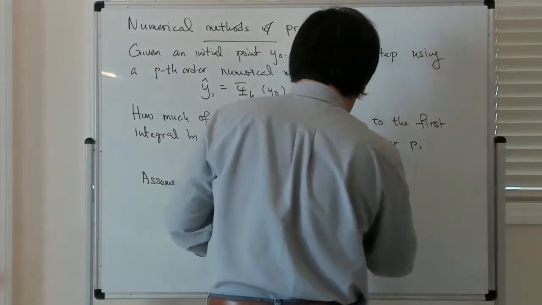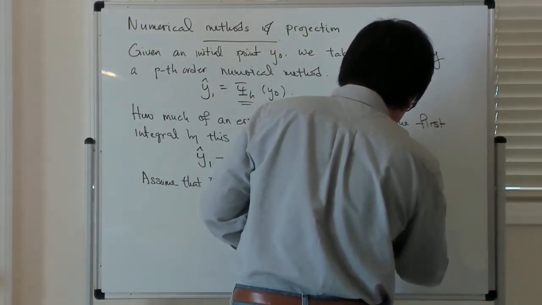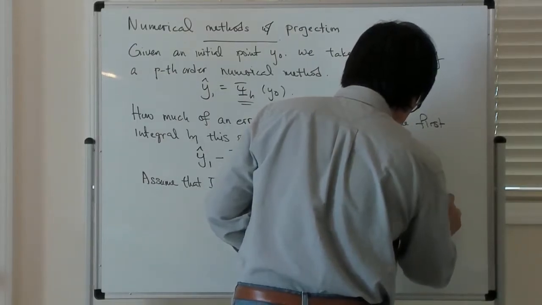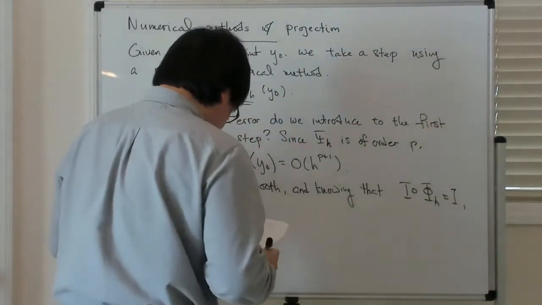That's really the definition of the first integral. So I composed with the exact flow map is equal to I itself. Then we have the following.